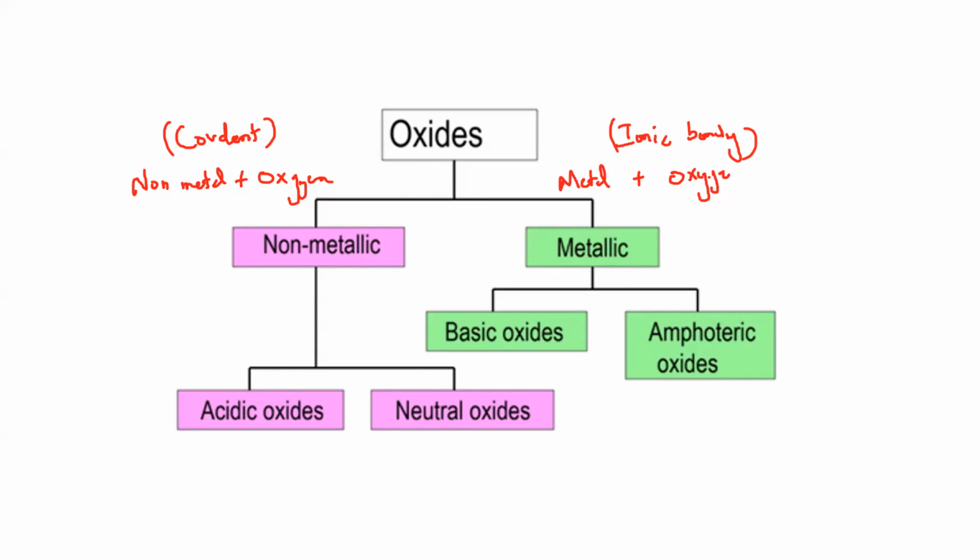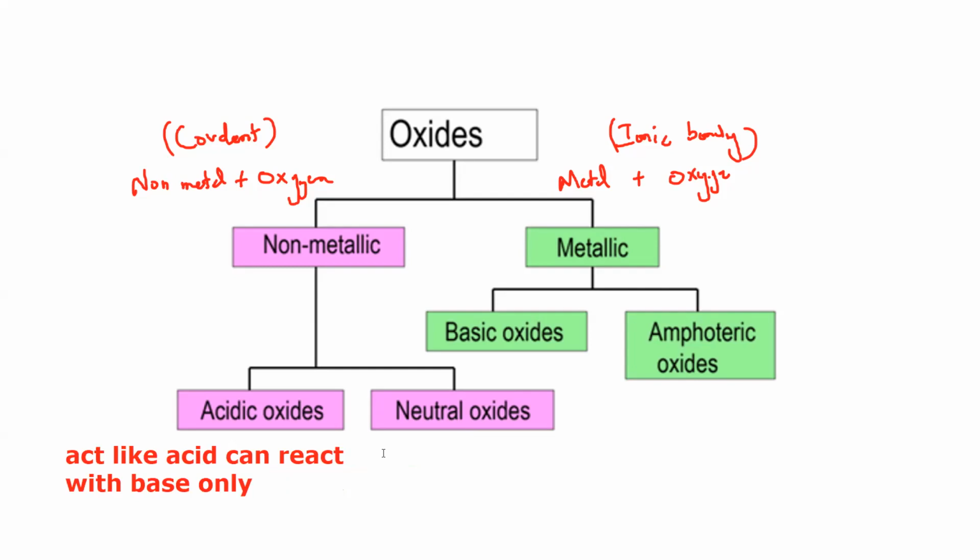What is the meaning of acidic oxide? An acidic oxide can react with a base. It acts like an acid, so it can react with a base only, or alkali. We call that an acidic oxide. What is a neutral oxide?